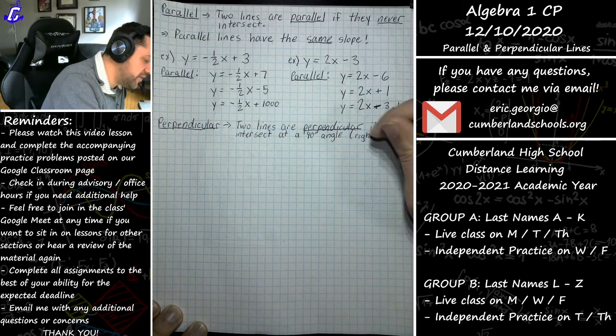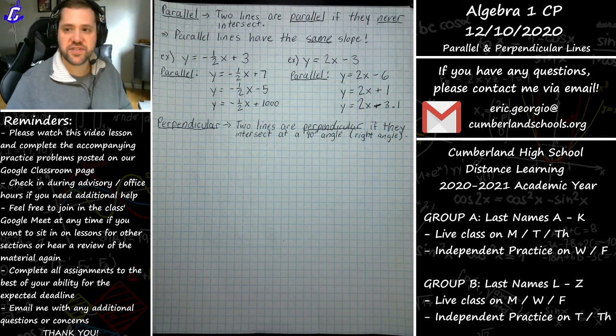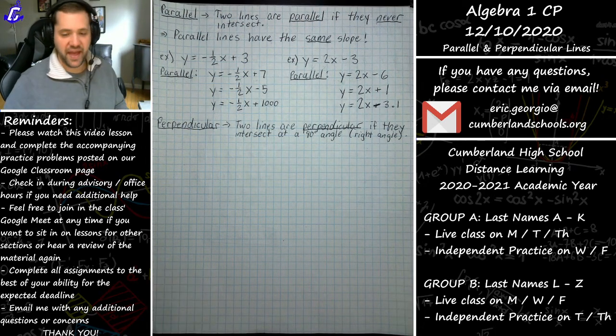You may have heard that before too. All right. So two lines are perpendicular if they intersect at a 90-degree angle.